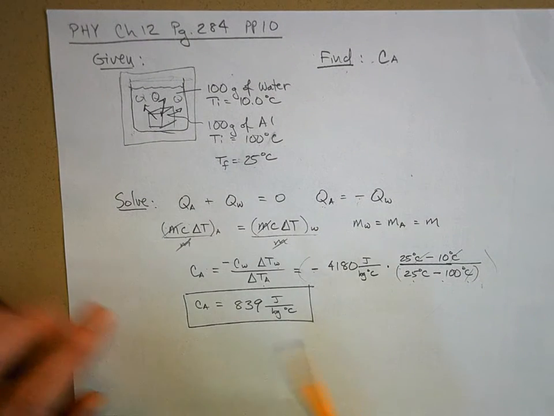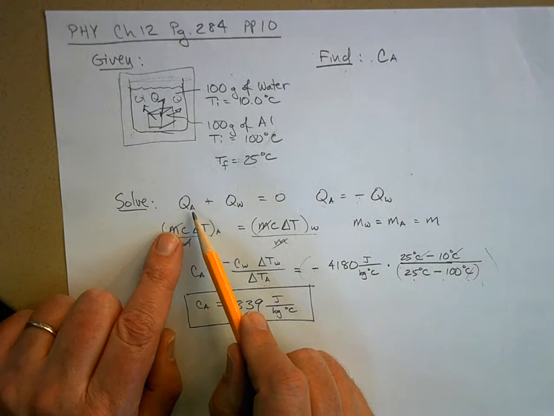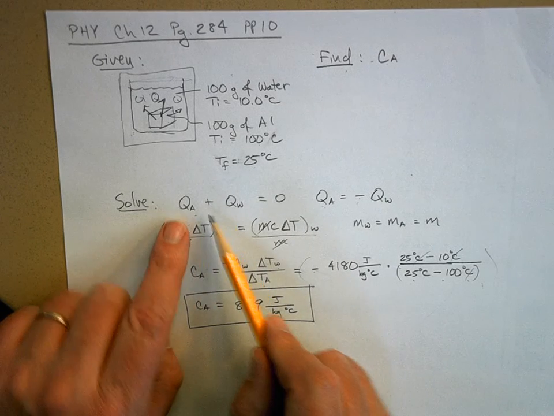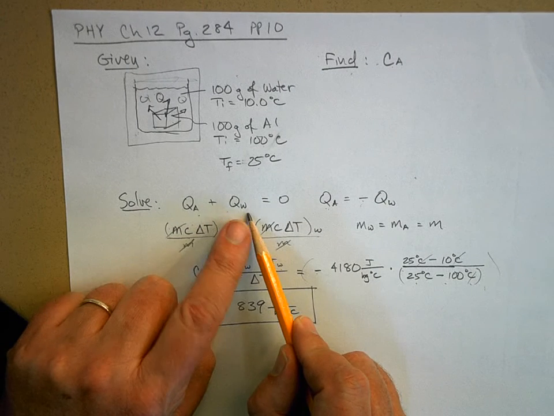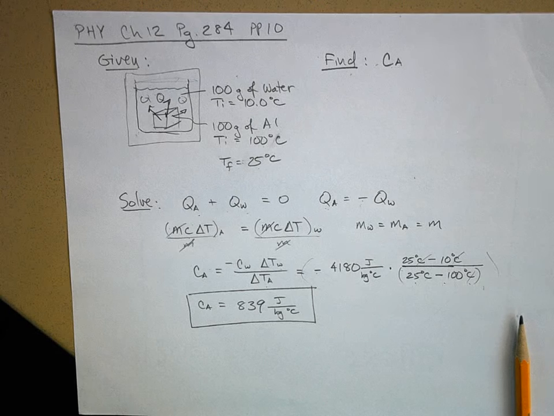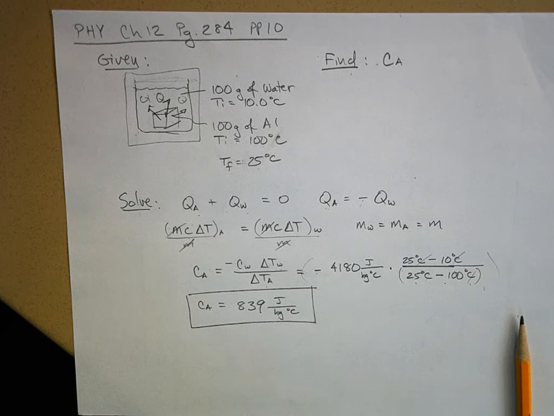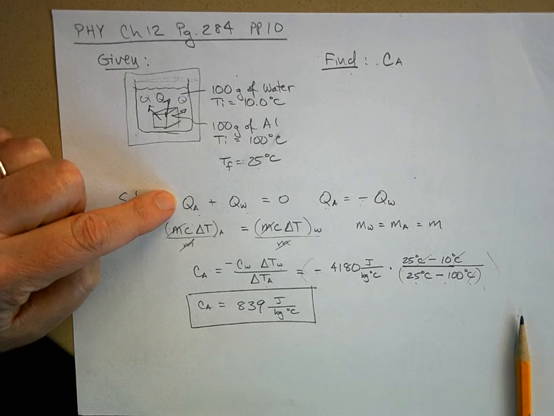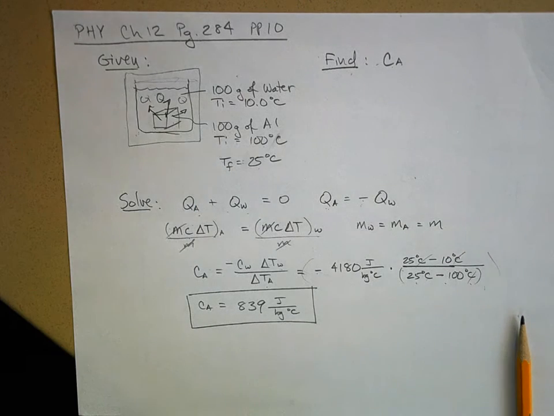Okay. So the heat that flows out of the aluminum plus the heat that flows into the water, well, all of the heat that flows out of the aluminum is going to flow into the water. So the heat from the aluminum plus the heat into the water equals 0. When I add up the heats, I get 0. Does that make sense? There's no net change in thermal energy in our system.